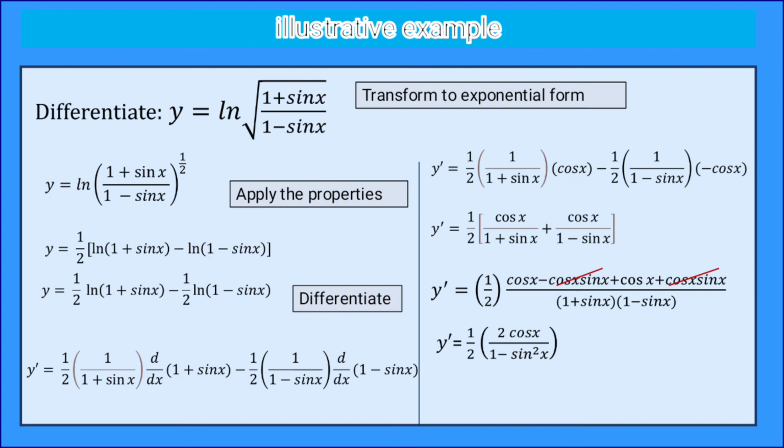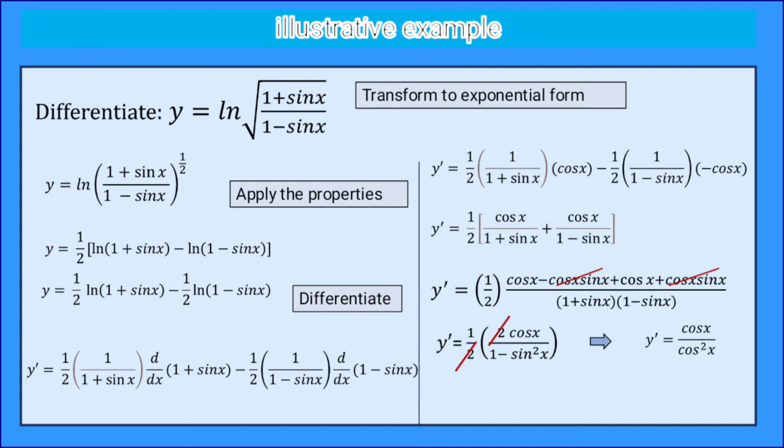And also from this equation, we can make it simpler by canceling those constants of 2 in the numerator and the denominator. Then by the use of the Pythagorean identity, 1 minus sine squared x becomes cosine squared x.